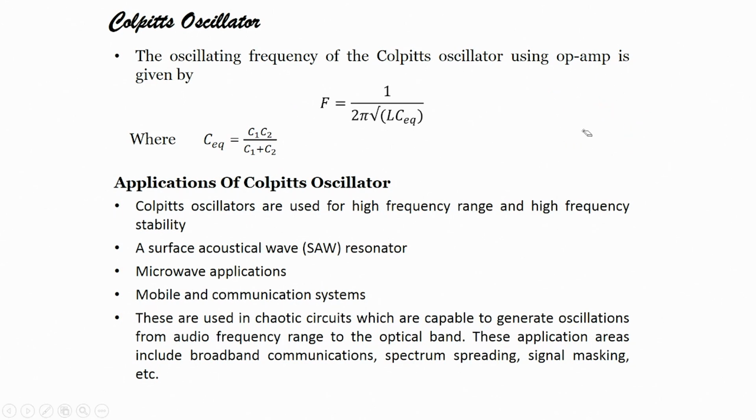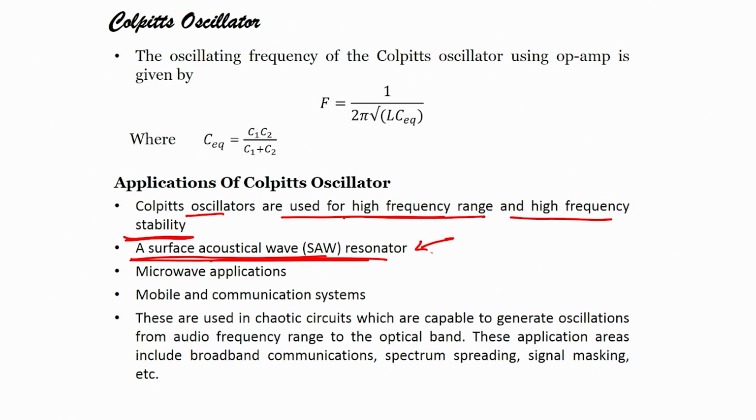So, what are the applications of the Colpitts oscillator? Colpitts oscillators are used for high frequency range and high frequency stability. Second, a surface acoustic wave or SAW resonator, for which we can use a Colpitts oscillator. Microwave applications, very high frequency applications, mobile and communication systems.